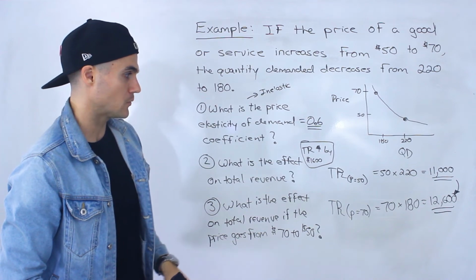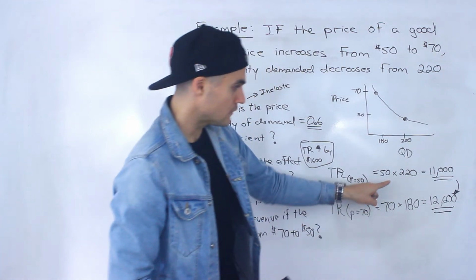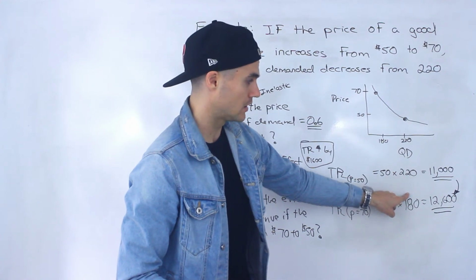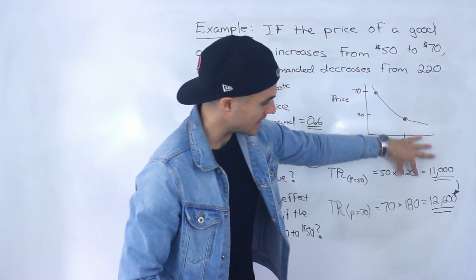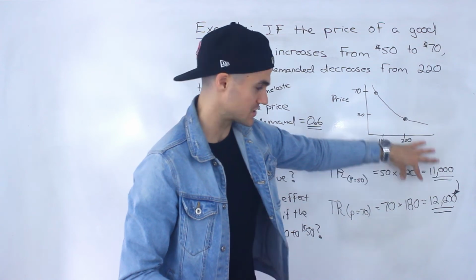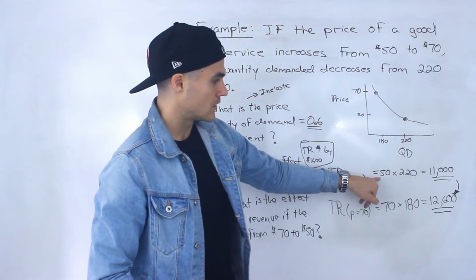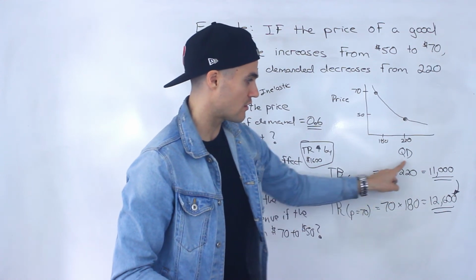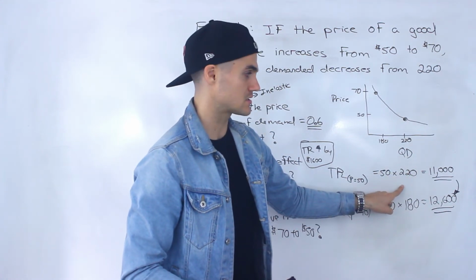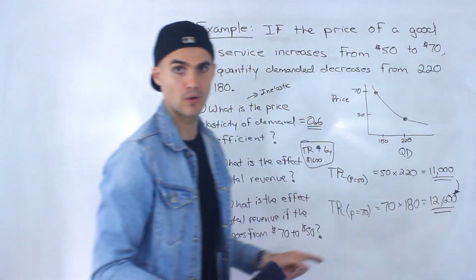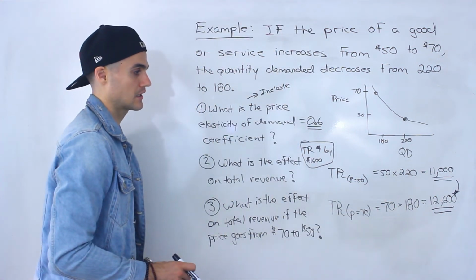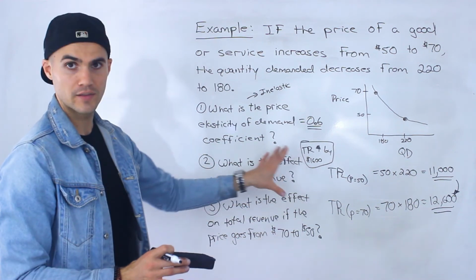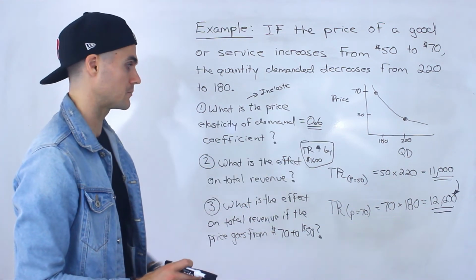Because even though that quantity demanded went down, it went down by a smaller percentage, 20%, compared to that price increase. The price increase overtook that quantity demanded decrease. And so total revenue ended up increasing as a net effect. And so that's how you can see with numbers how those cases are coming about.